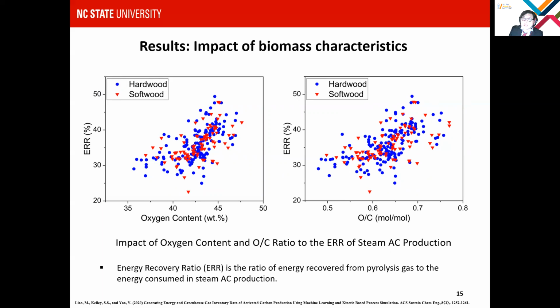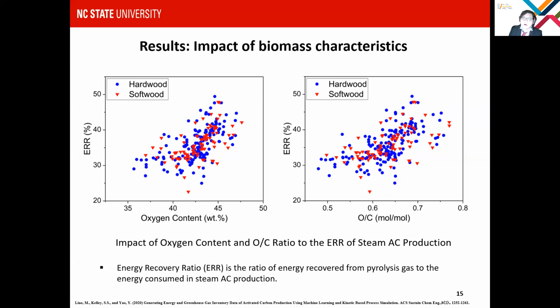Our explanation is that higher oxygen in the biomass increases its reactivity, then we can get more gaseous product from the pyrolysis, and so the energy recovery ratio will be higher. We can summarize some rules of the biomass composition. We can use biomass with lower hydrogen content and higher oxygen content, and so the process energy consumption in producing activated carbon can be decreased.